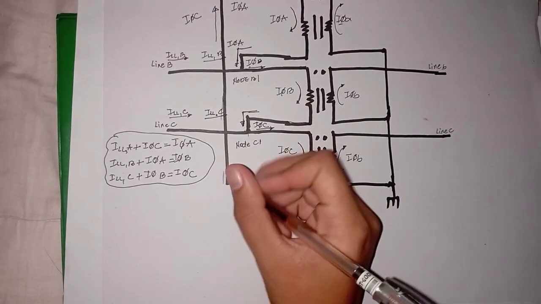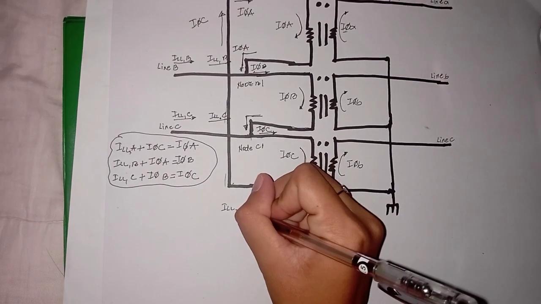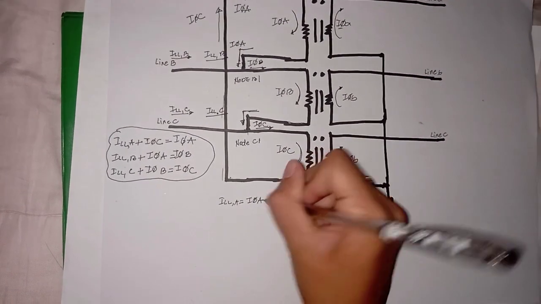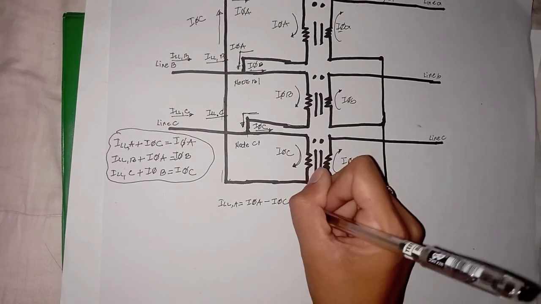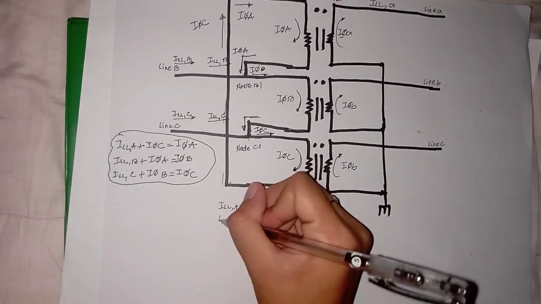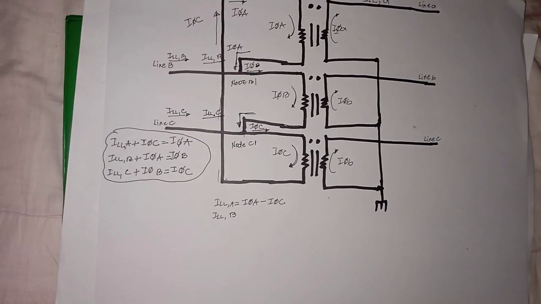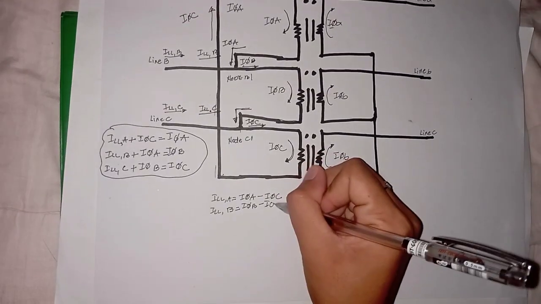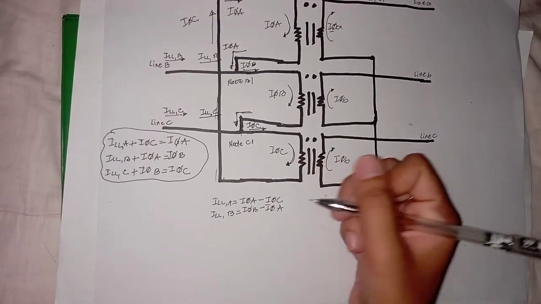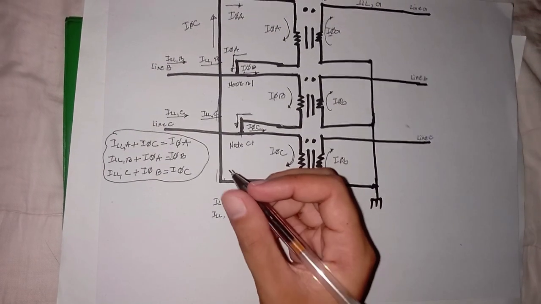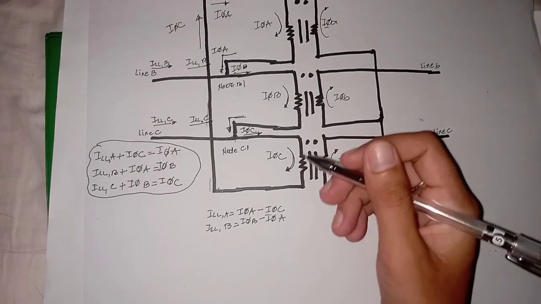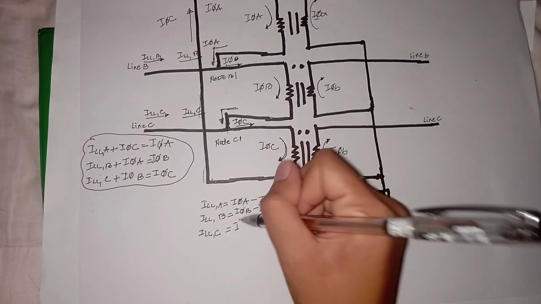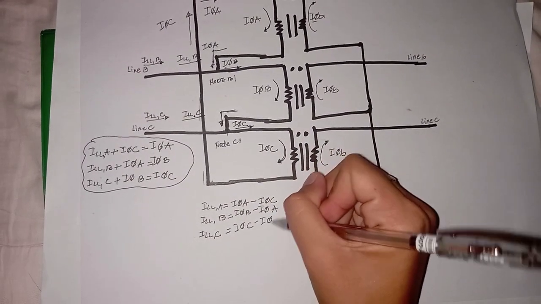So line current A is equal to phase current A minus phase current C. Similarly, the line-to-line current B is equal to phase current B minus phase current A. And lastly, line current C is equal to phase current C minus phase current B.